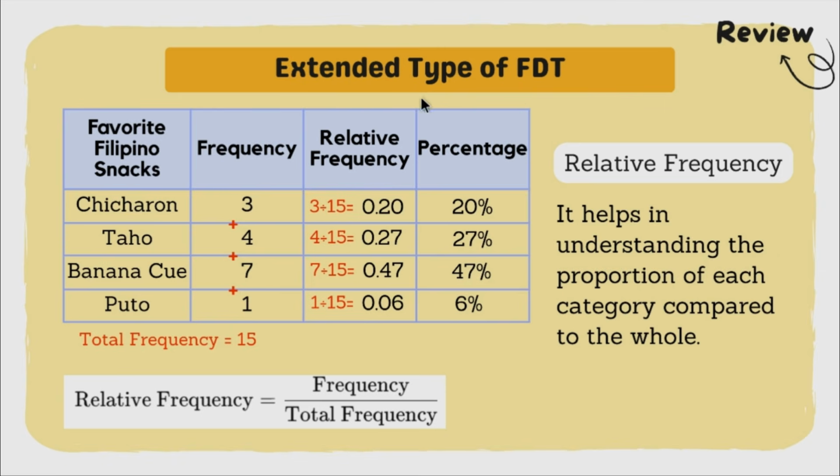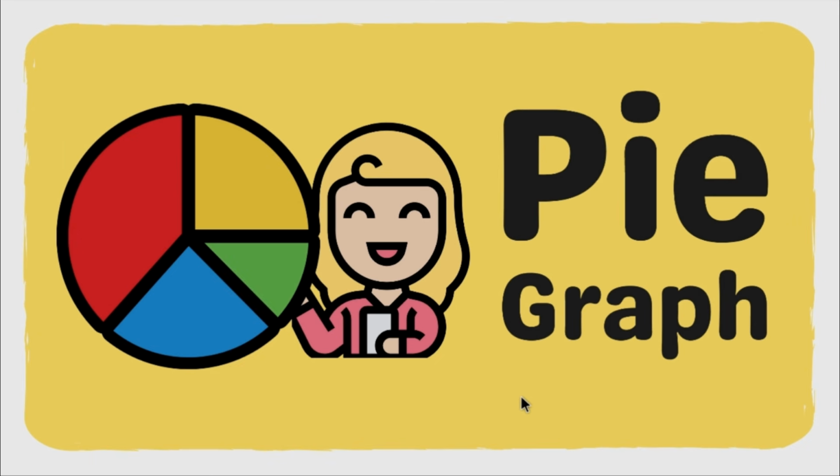Okay, ano pa po? We also learned about the extended type of FDT wherein kinumpute po natin yung relative frequency ng mga categories natin. Okay, and we also have the percentage. So magagamit po natin itong FDT na ito for our first discussion of our first graph, which is the pie graph.